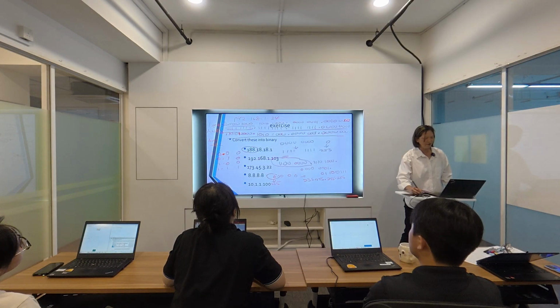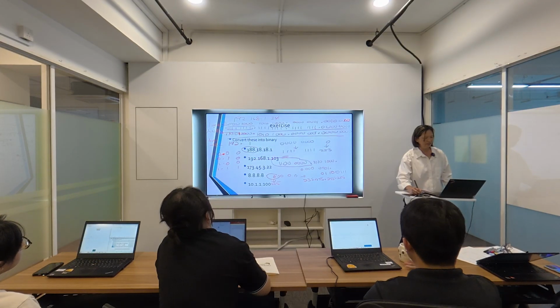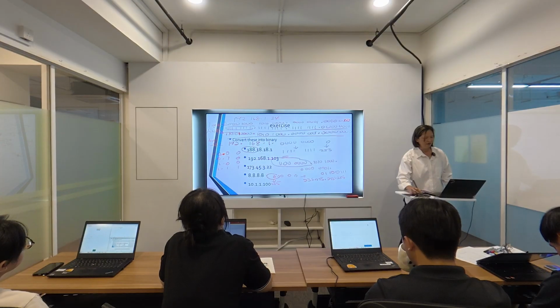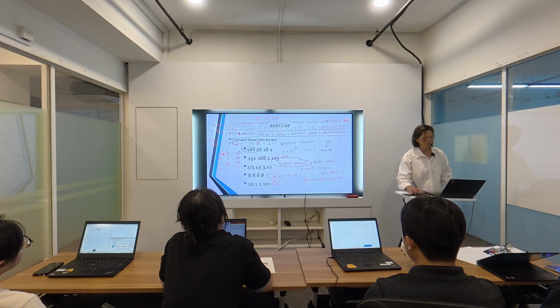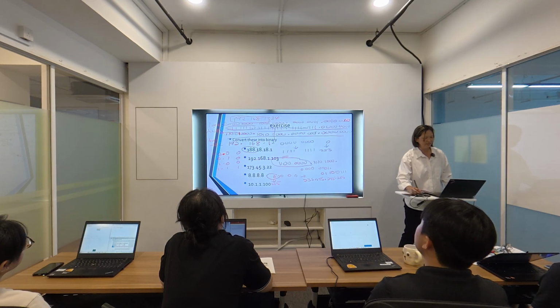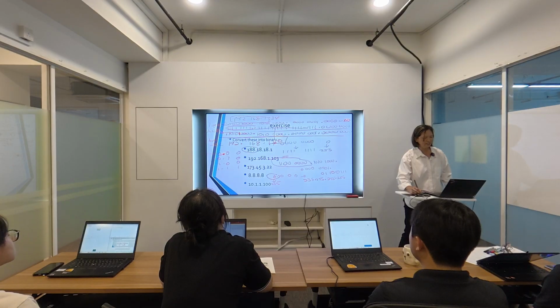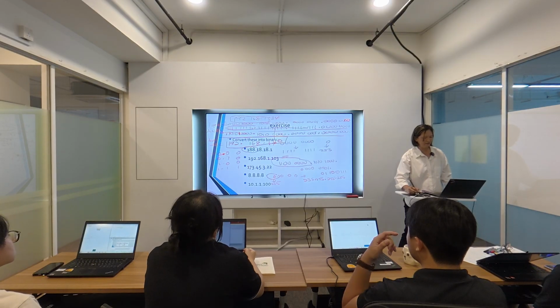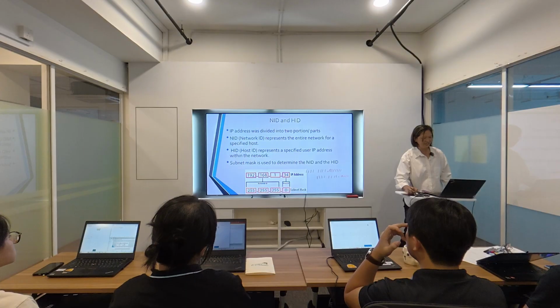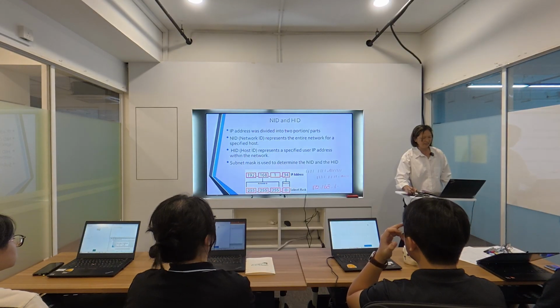So when you convert this back to decimal, wherever the 255s are, whatever all the ones are, you get back the original decimal. And whatever is ANDed with 0, you get a 0. So from 192.168.1.34, you get another address which looks like this.